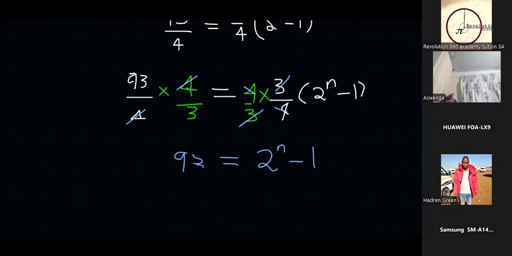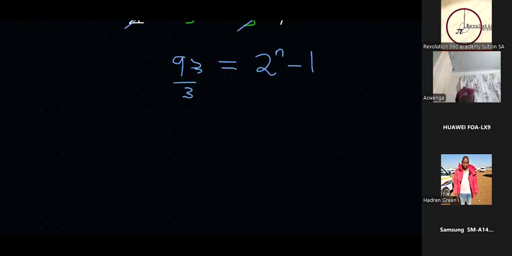Before transposing the 1 to the other side, what is 93/3? I think it's divisible. Let's start there. That is 93 over 3 equals 2 to the exponent of n minus 1.